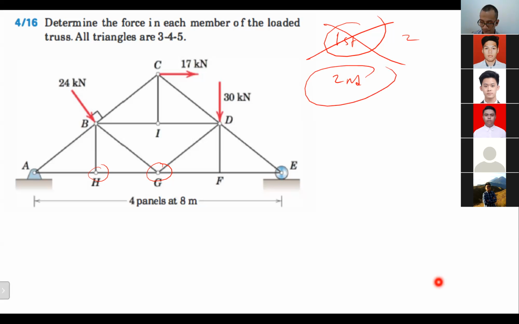Okay, the first thing, this one. Due to joint H here, BH is a zero force member. Due to joint F, DF is a zero force member. Due to joint I, CI is a zero force member.